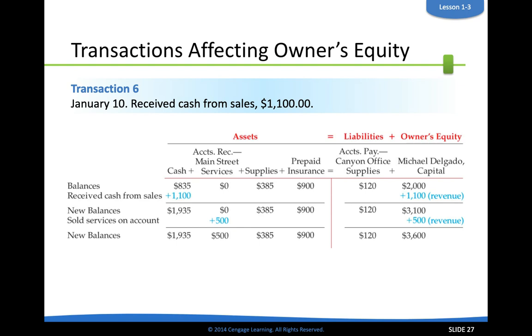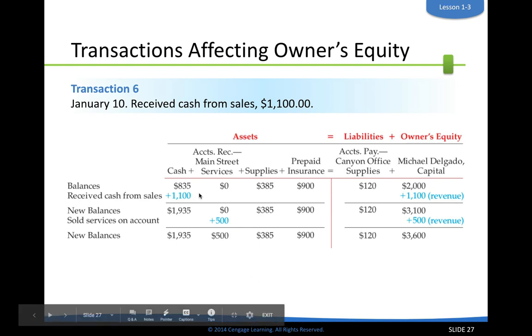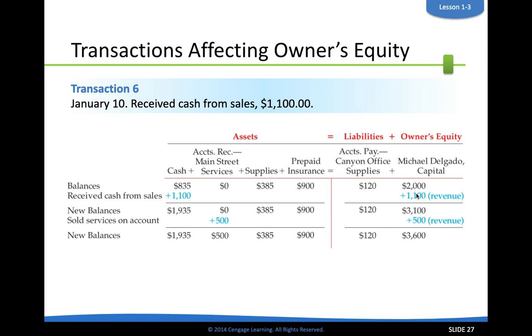The impact of this transaction is cash goes up by $1,100, and owner's equity also goes up because it was revenue. Now again, revenue is not profit. Profit is different, but revenue means cash from sales. So when you perform a service, you are increasing cash, and you are going to increase owner's equity as well.